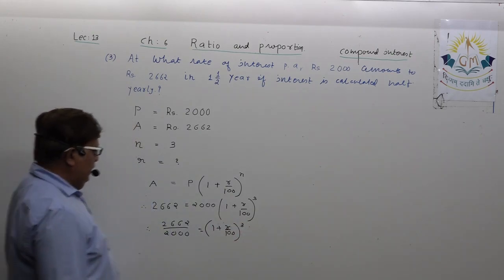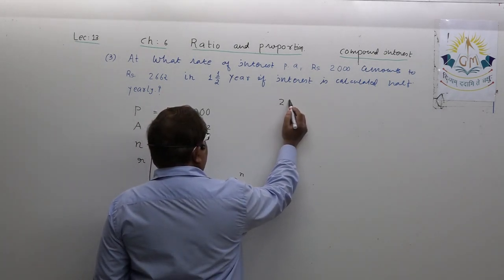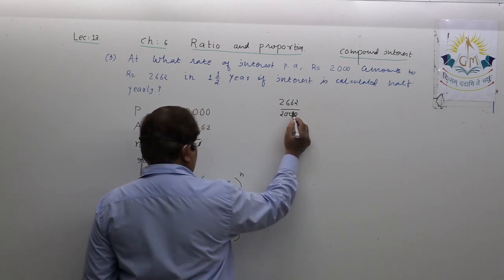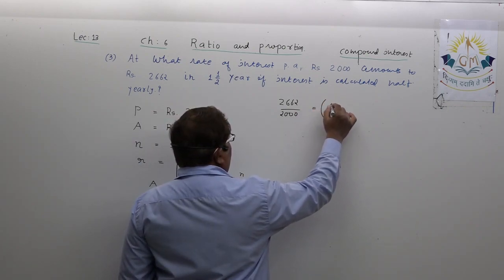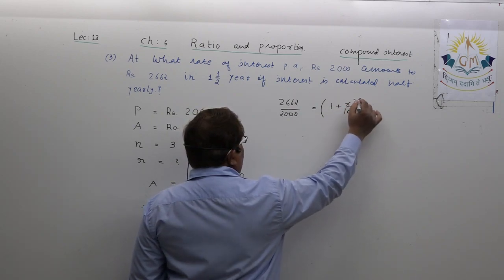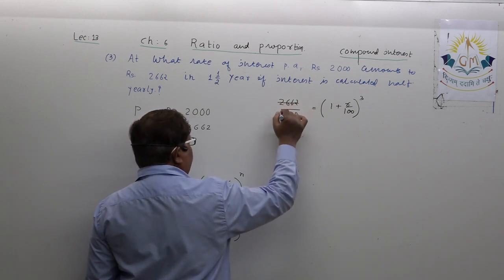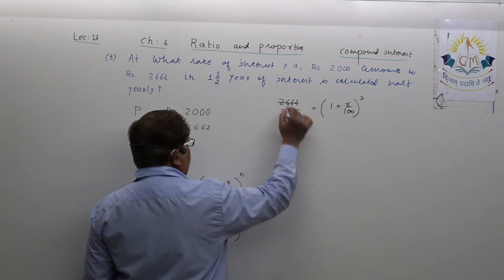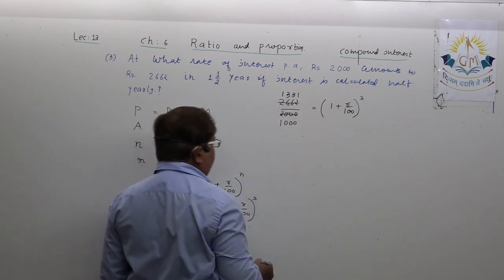Further step, I would like to write this first here, dear student. 2662 upon 2000 equals 1 plus R upon 100 raised to the power of 3. The cancellation is possible here, 2000 and 2662, giving 1331 upon 1000.